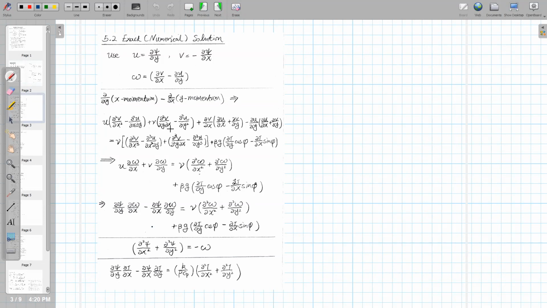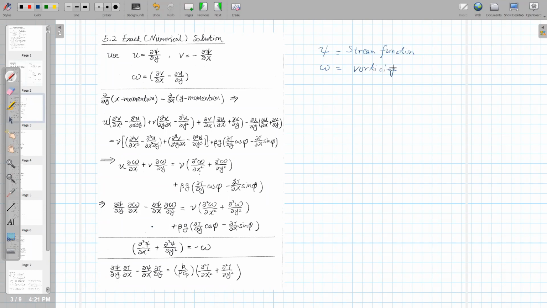And the second notation we can use is omega. Let me write it here. This psi is the stream function, and this omega is the vorticity.